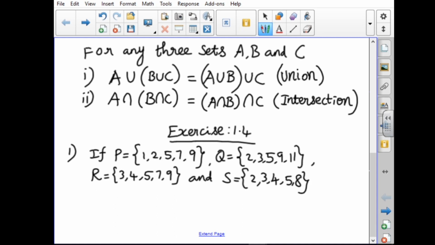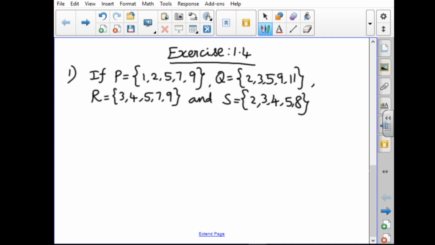So these are the given values. We should find some sets.